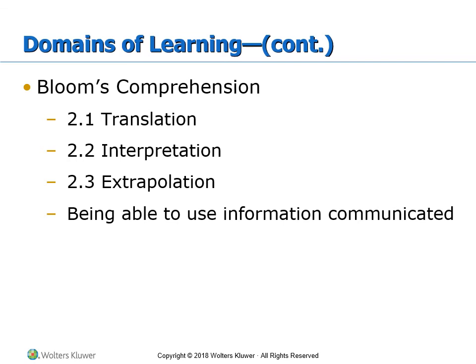Next we have comprehension, which is our lowest level of understanding. And this includes things like translation, interpretation, and extrapolation. And so this is being able to actually use the information communicated. So before we were just memorizing stuff, now we can actually do something with it.